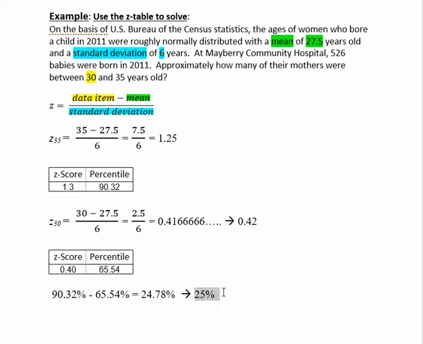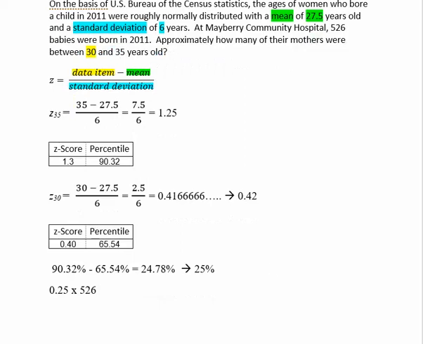So the answer will be 25% of the 526 babies total. So that's the calculation we'll need to do, 25% times 526. We have to do that in decimal form, so we'll change the 25%, move the decimal point 2 places to the left, and make it 0.25 times 526.